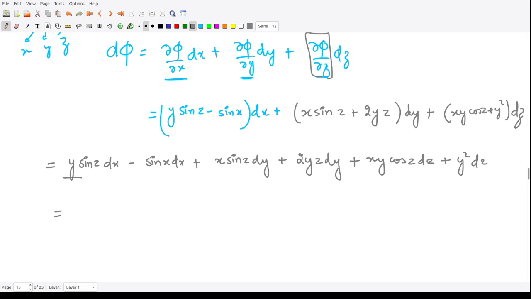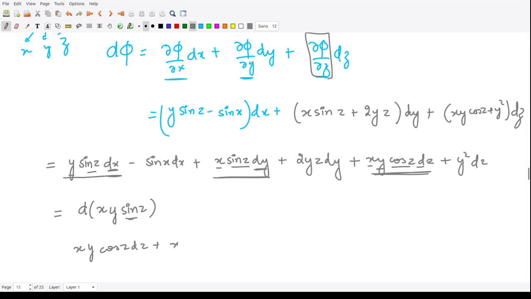Now if you look at this term, you are seeing the derivative of x and the term y sin z. And in this term, you are seeing the derivative of y and x sin z as such. So that means you could write the complete derivative of this term. And moreover, you have this term, where x and y are as such and the derivative of sin z, which is cos z dz. So basically all these three terms are the derivative of x y sin z. If you solve this, firstly you write x as such, y as such, and the derivative of sin z would be cos z dz.